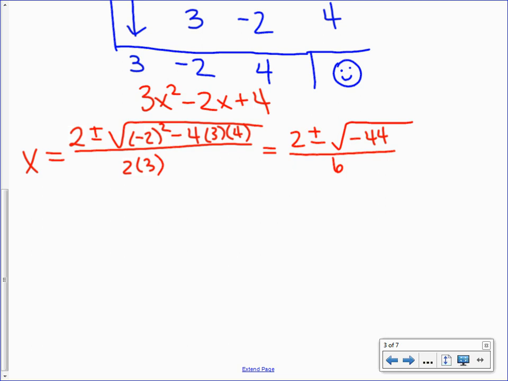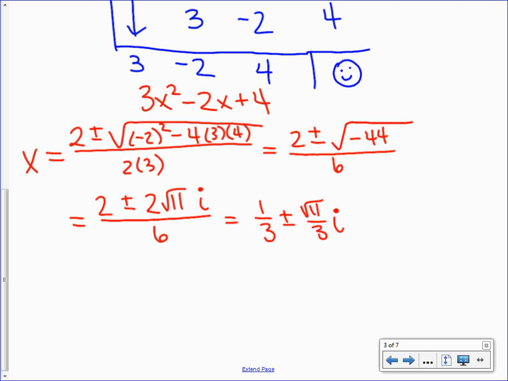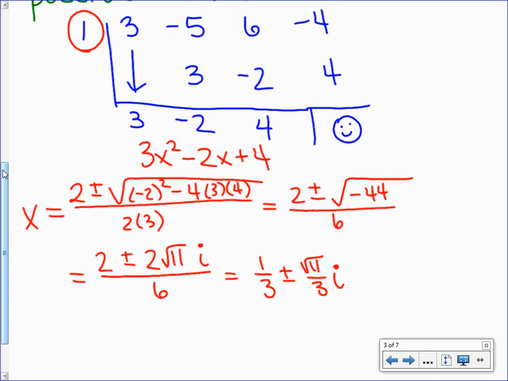And what does radical negative 44 reduce down to? 2 radical 11i. Right? So we have 1/3 plus or minus radical 11 over 3i. We found 1 positive zero of 1 and 2 imaginary zeros right here.